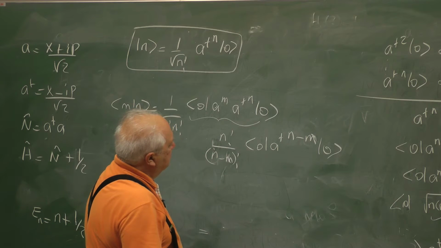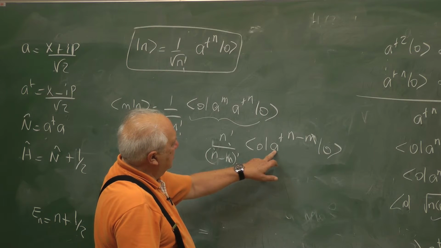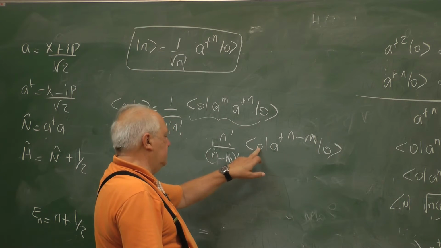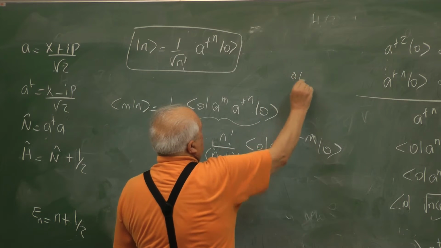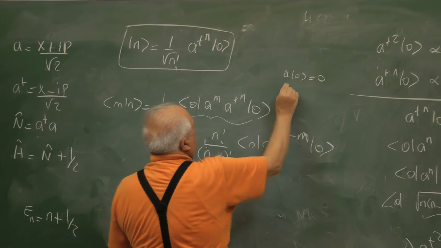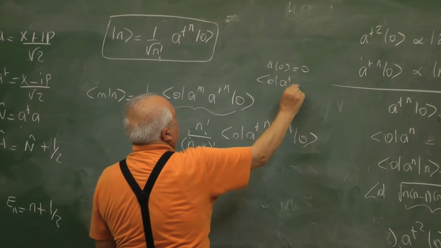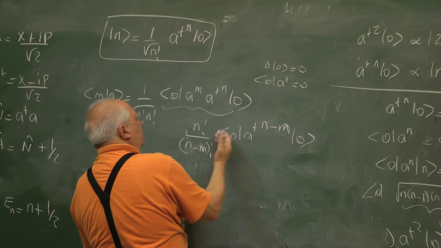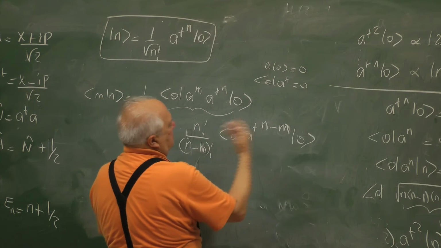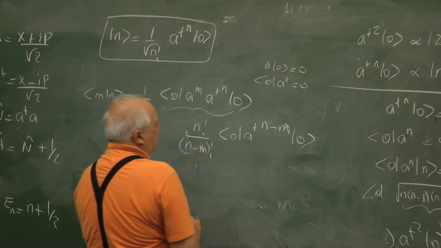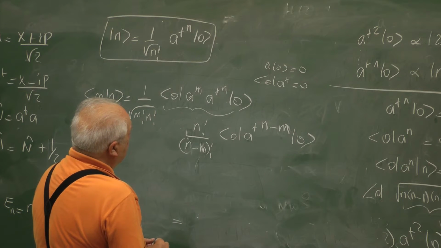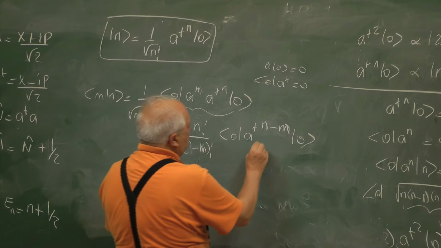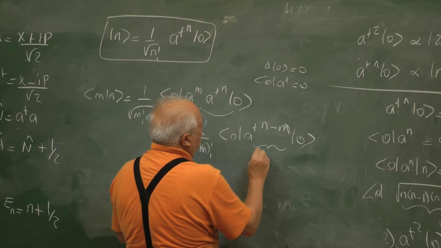So a dagger acts on this one as if it is a. So for example, a0 is 0, but 0 a dagger is also 0. So a daggers act onto the left as a's act to the right on the ground state. So the only contribution comes from n equals m.